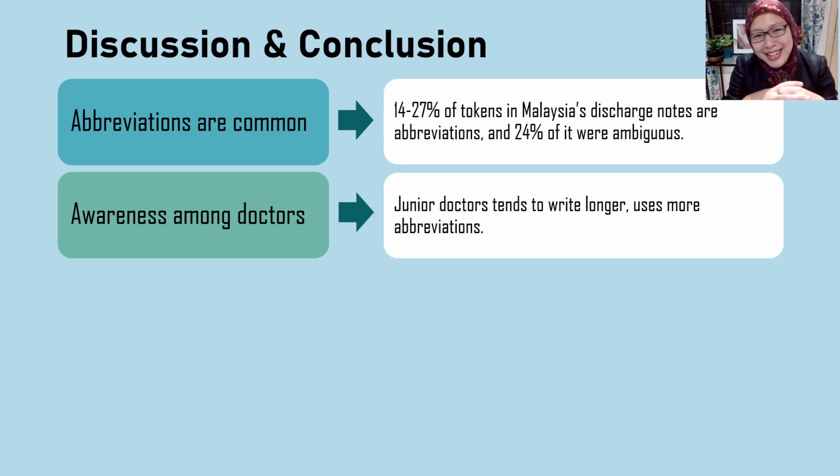So that's the wrong concept. The study also finds that junior doctors tend to copy or learn from their colleagues and their seniors. So the reason why the abbreviations are getting bigger and more common is because of this learning from their seniors.